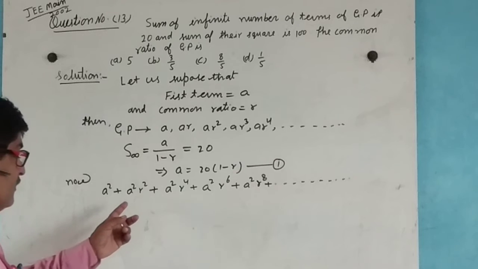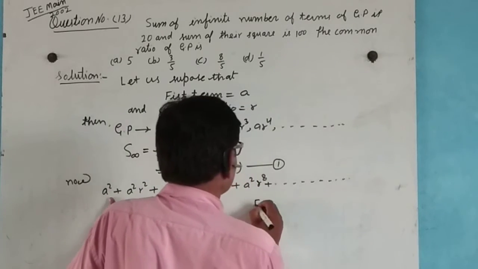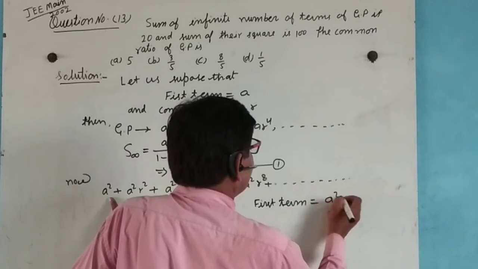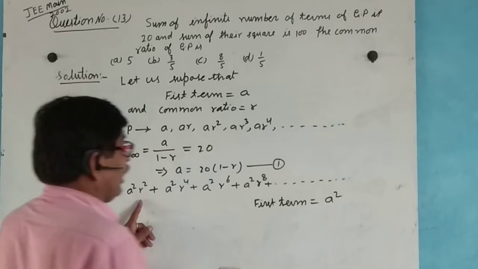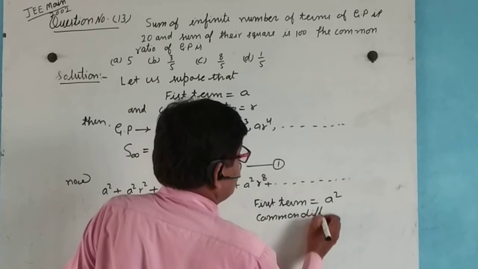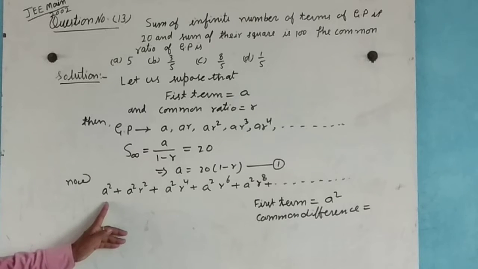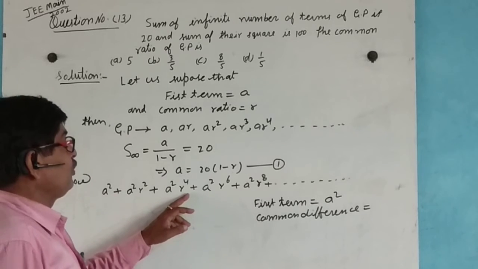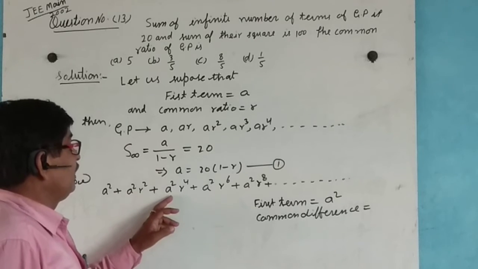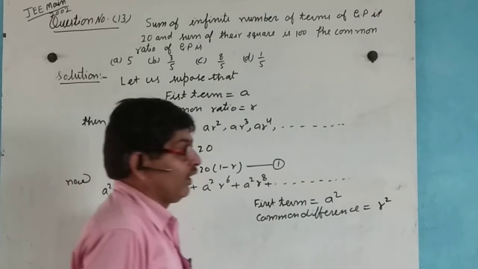In this case the first term is A square, and the common ratio equals A square R square divided by A square, or A square R power 4 divided by A square R square, so the common ratio equals R square.